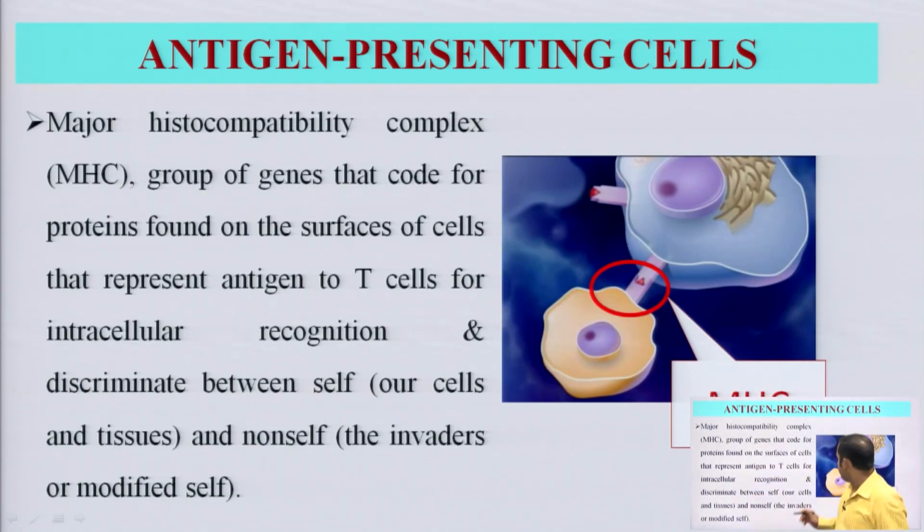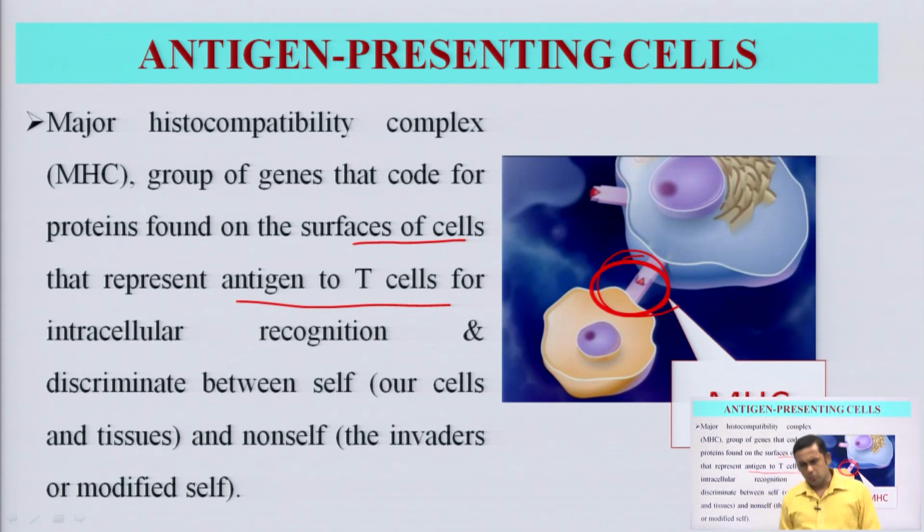So, this complex, the major histocompatibility complex, is a group of genes that code for the proteins found on the surface of cells that present the antigens to T cells, clear? Without presenting, imagine if the macrophages do not present the antigens to your T cells, then how will your immune system be activated and proceed, that is adaptive immunity.